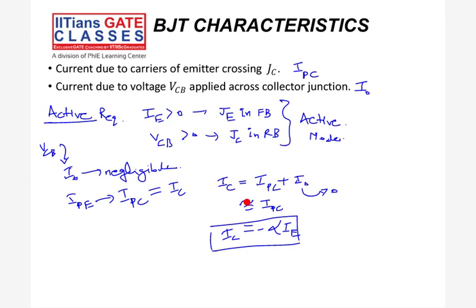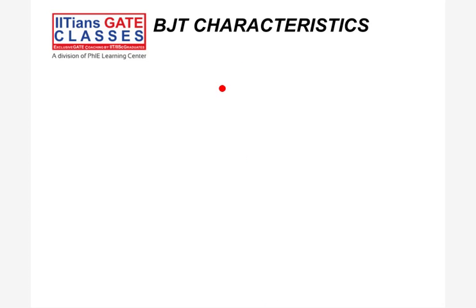So the active region is used in amplification. So that was all about this common base. In this common base, we understood all the concepts related to input and output characteristics, and how they vary. Now the same thing we'll see for the common emitter configuration.